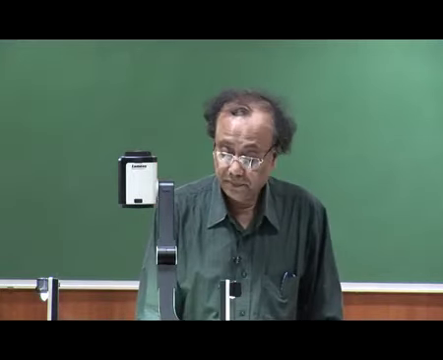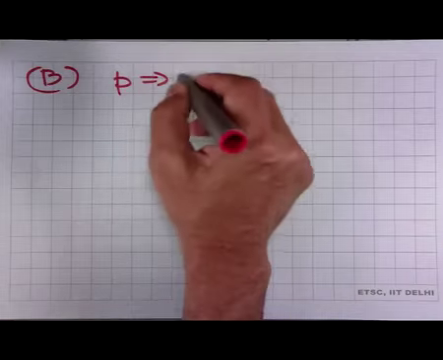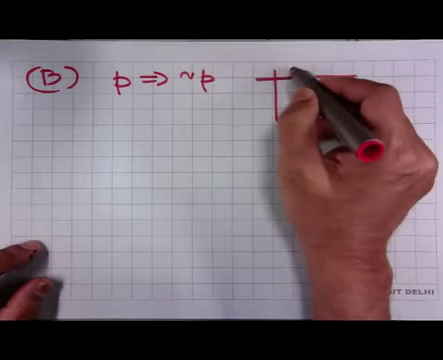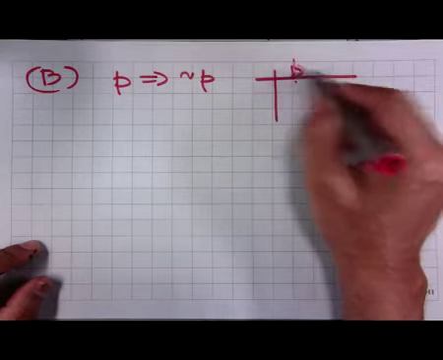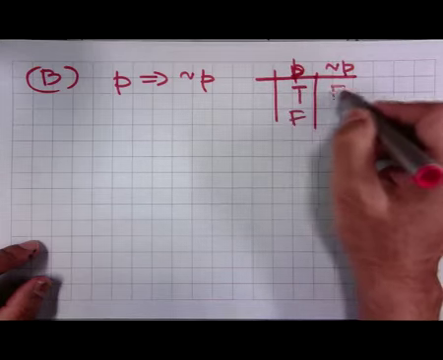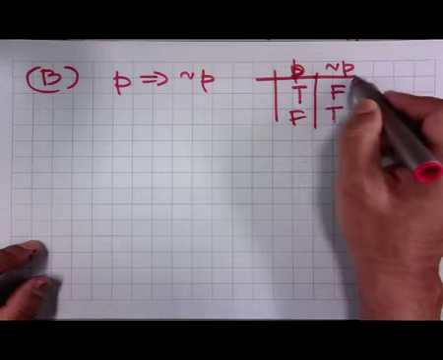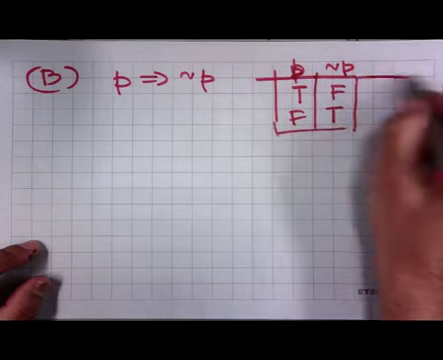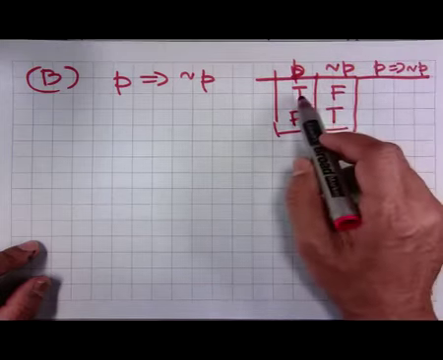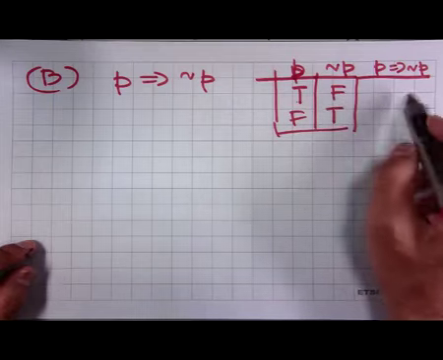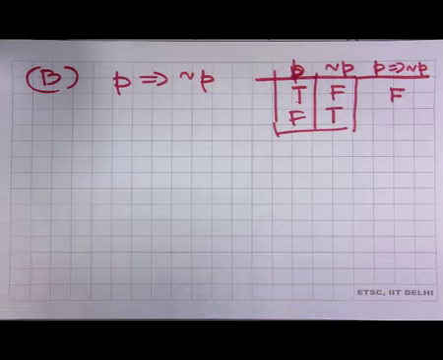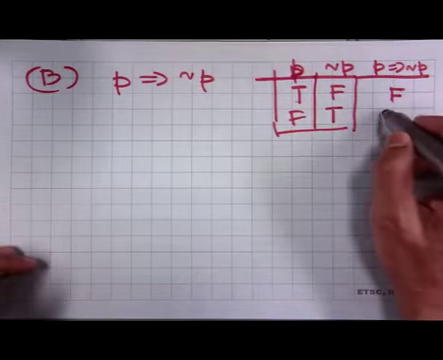What about this, P implies not P? We have P and not P: true, false, false, true, and P implies not P, true implies false, is false, and false implies true is true.